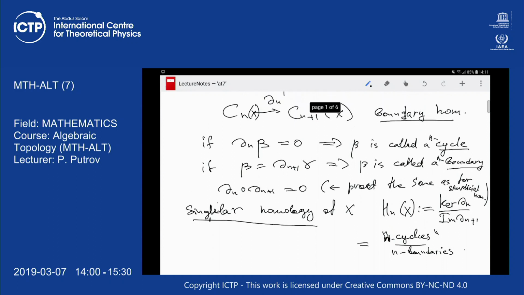The main difference between singular homology and simplicial homology is that for singular homology you consider all the Cn generated by all continuous maps from simplices, and for simplicial homology this was just a particular set of maps. But for the proof of this condition it doesn't matter.